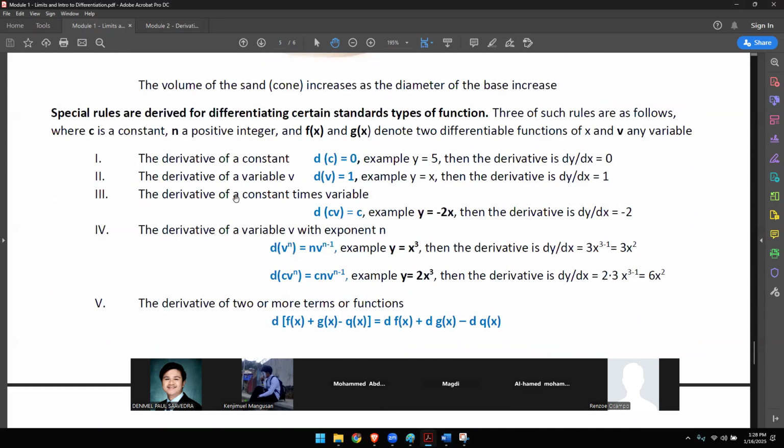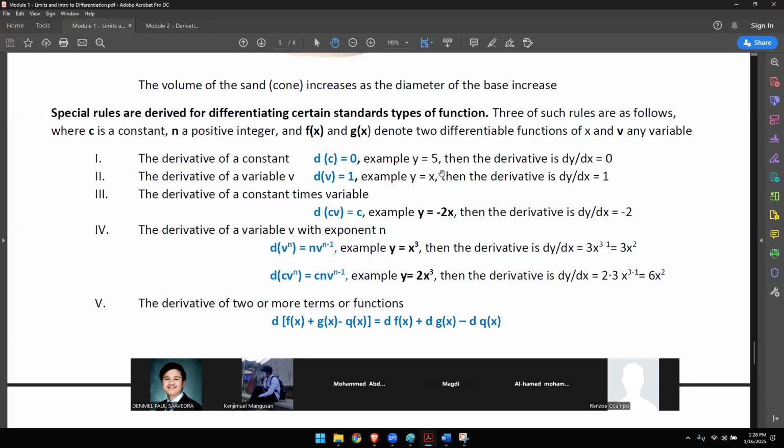Okay, in here, we will now start with the special rules or the special formulas under the derivation or derivatives. The first one is the derivative of a constant, for example, y is equal to 5.